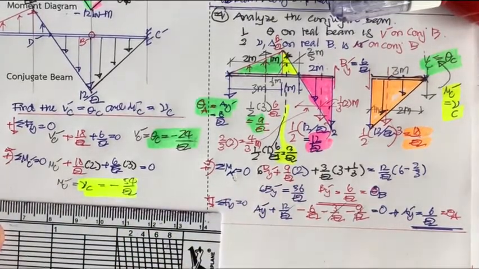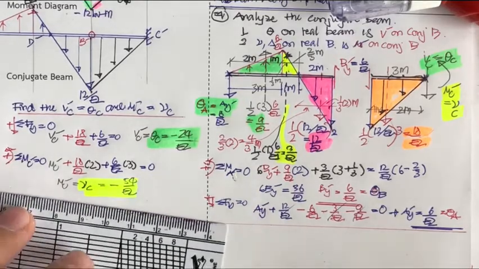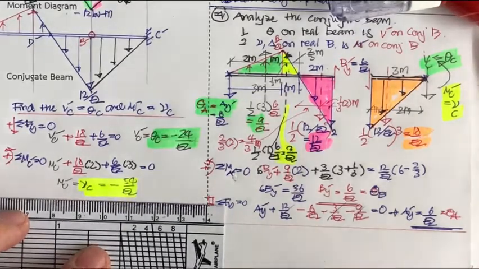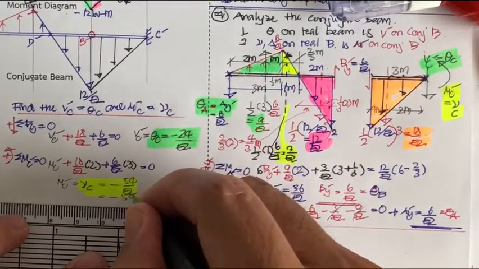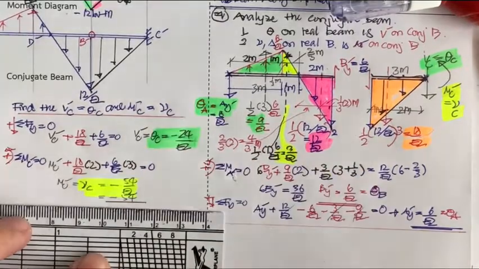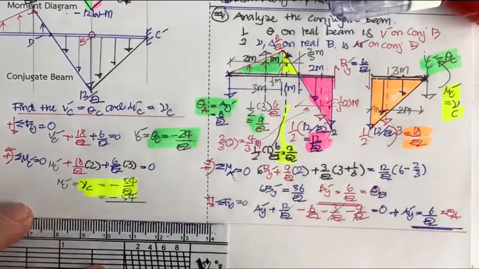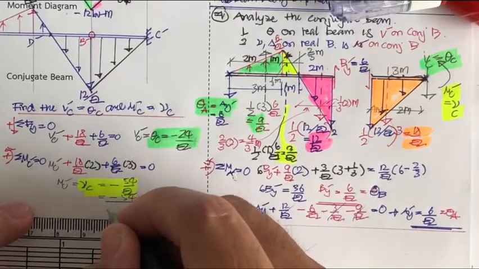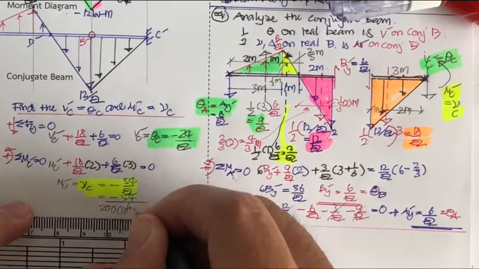And if you recall, we have the E of 200 gigapascal. So if you like, you may put this as equal to minus 54 divided by... We calculate this by using kilonewton. Okay, so the E is going to be 210 power 6.